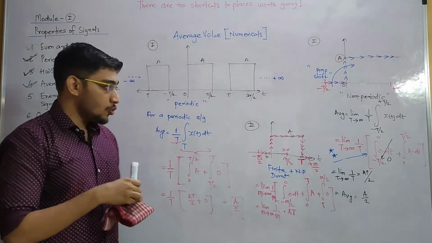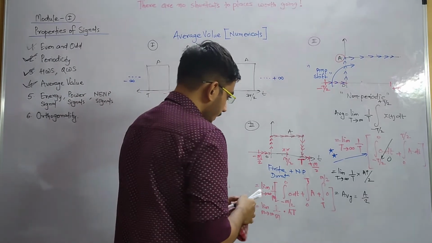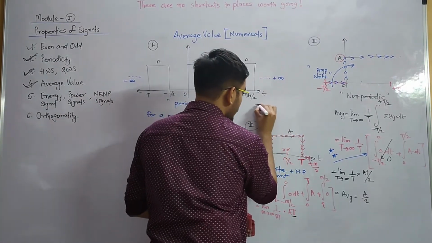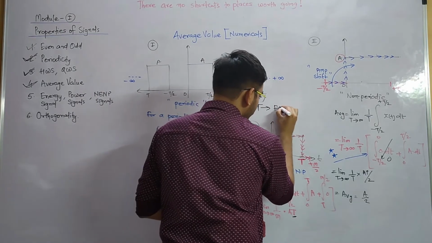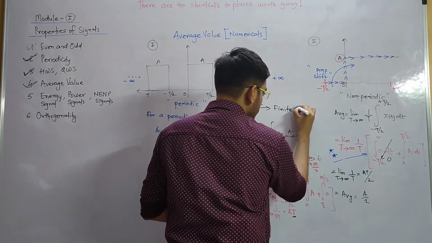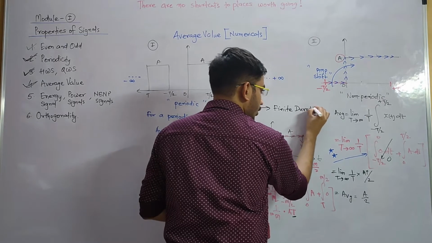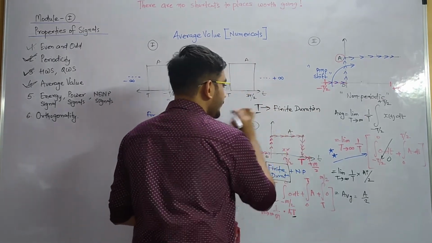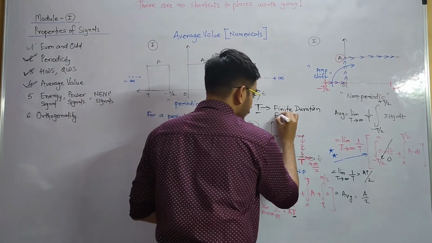So we know that here T is a finite value, because I've told you earlier this is a finite duration signal, so obviously your T will be a finite value.